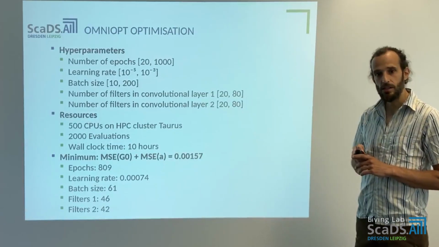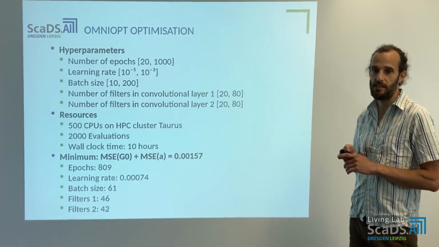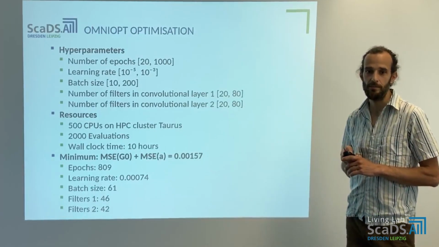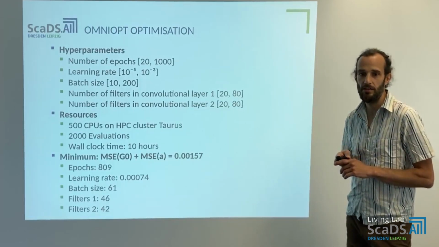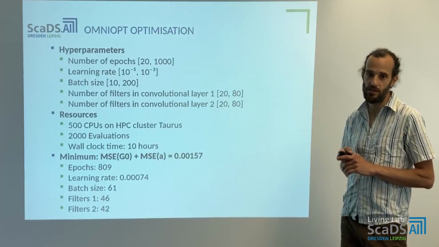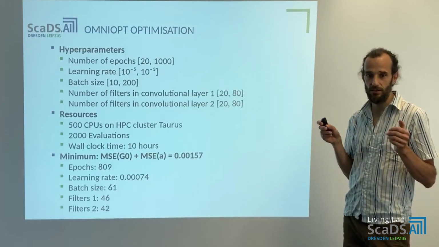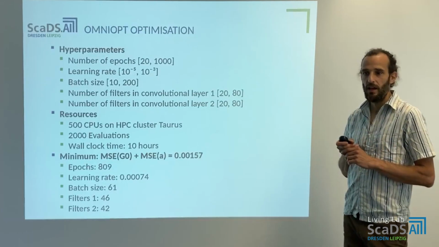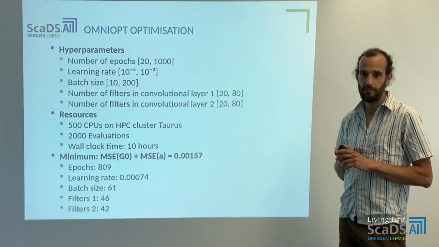The resources we used were 500 CPUs on the HPC cluster Taurus at TU Dresden, and we restricted the evaluation to 2000 sets of hyperparameters. The final wall clock time was 10 hours.